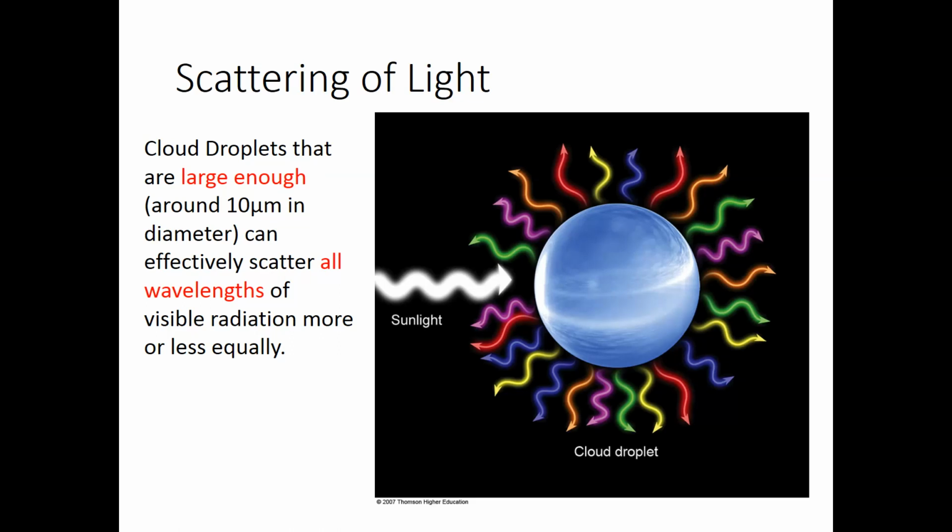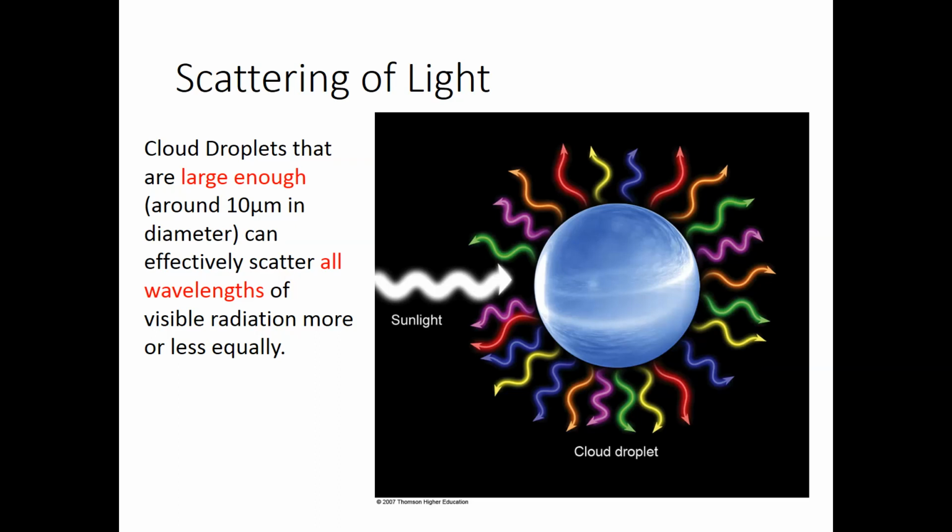And in particular, certain cloud droplets and also certain gases in the atmosphere will actually take a beam of sunlight and split it up into all of those individual colors.